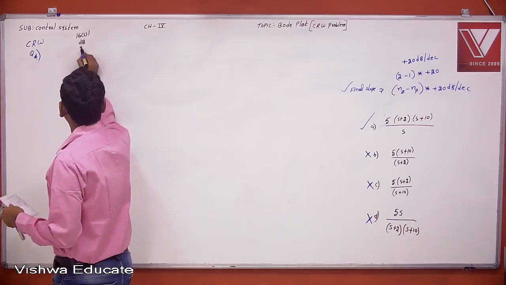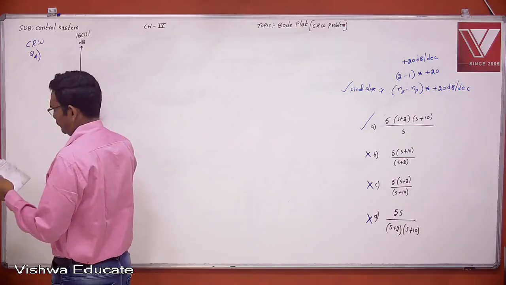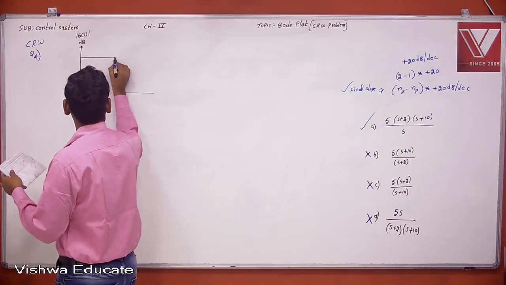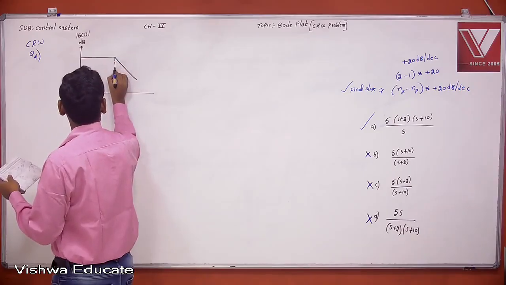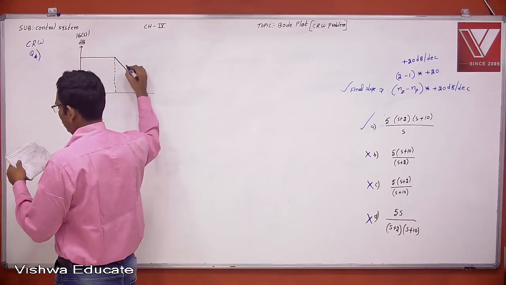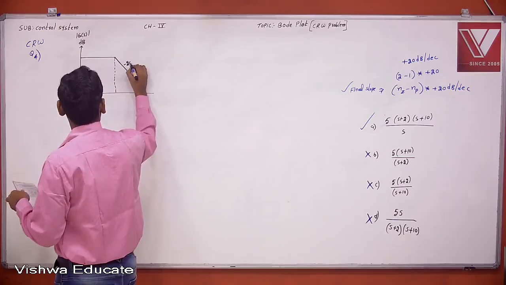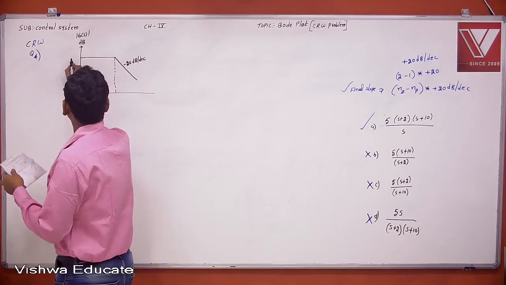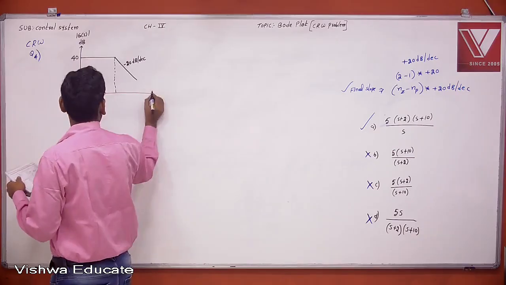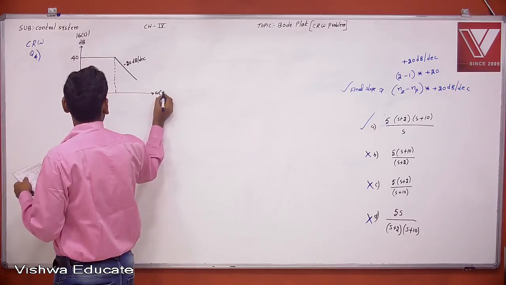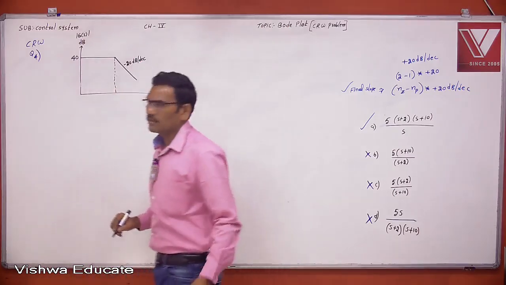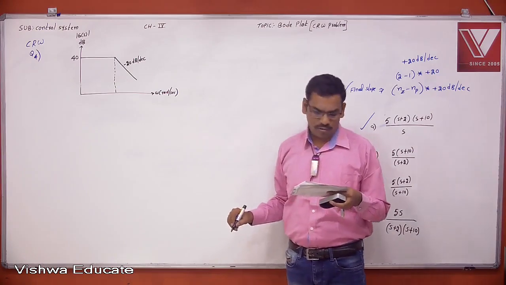A Bode plot is given. Now this is classroom workbook question number 4.